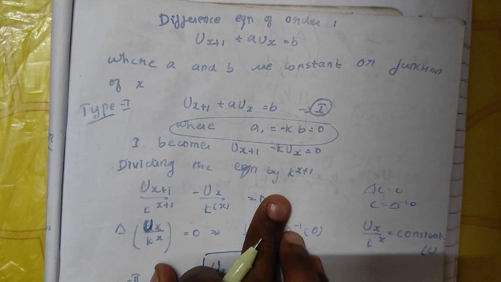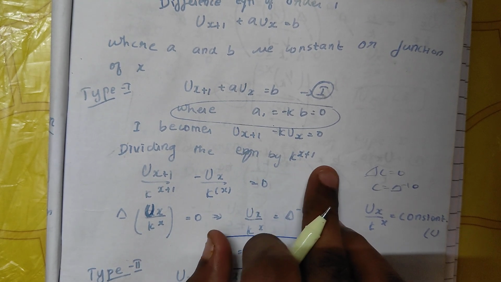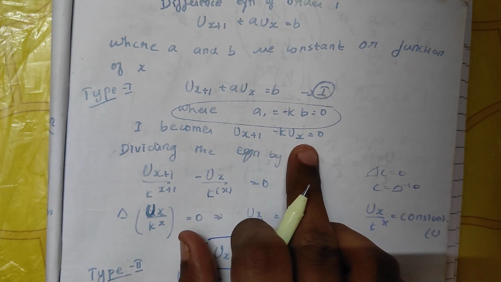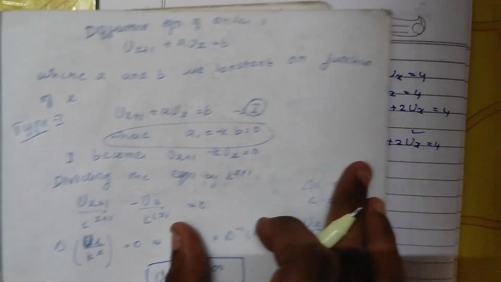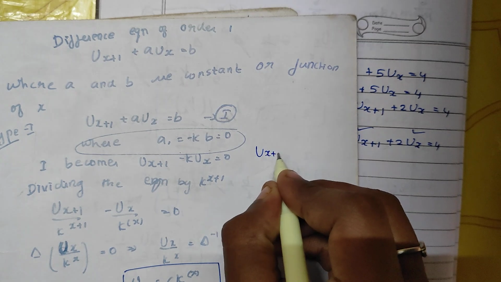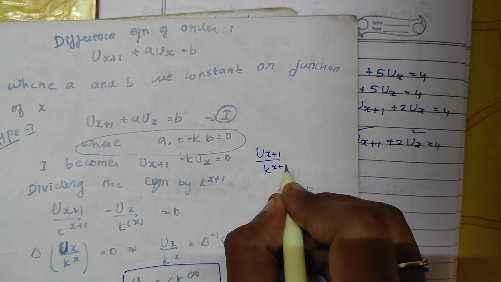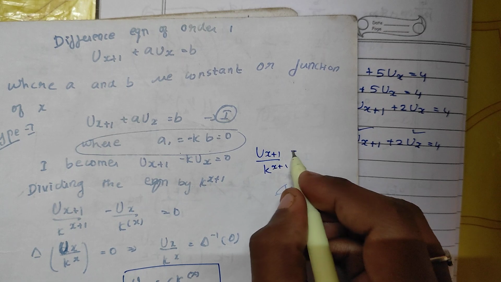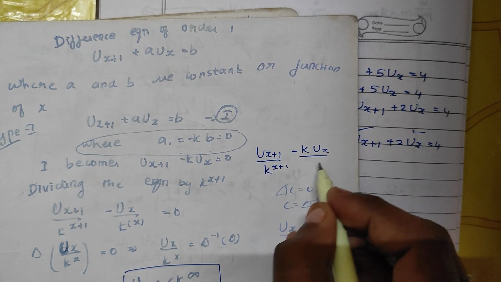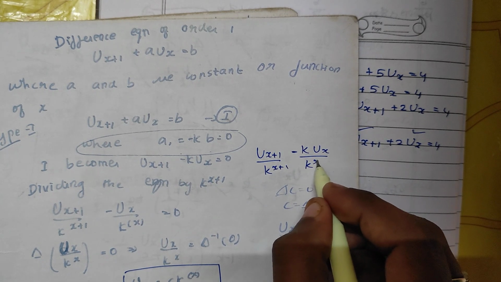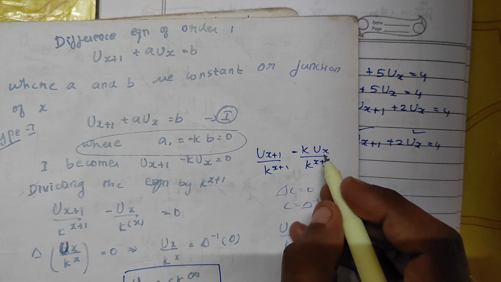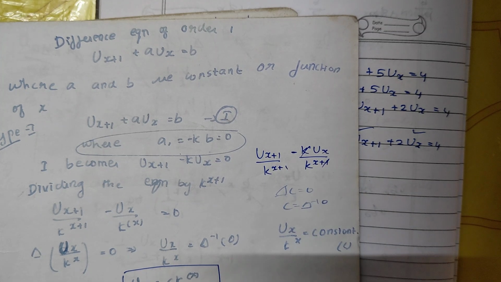Okay, I'm going to divide this equation by k power x plus 1. So divided by k power x plus 1. See here, u x plus 1 divided by k power x plus 1, minus k into u x divided by k power x plus 1. So this k and this k power will get cancelled, right?